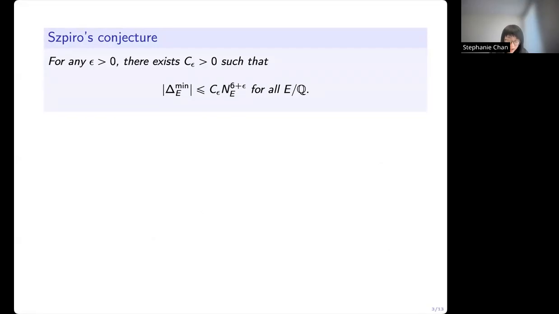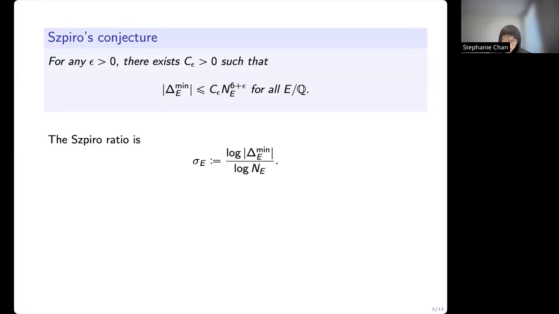In some sense, this exponent is telling you that, kind of logarithmically, the minimal discriminant shouldn't be too large compared to the conductor. And since we are interested in this logarithmic exponent, it makes sense to take logs and think about what's called the Szpiro ratio.